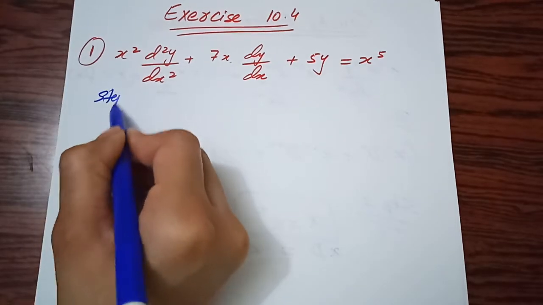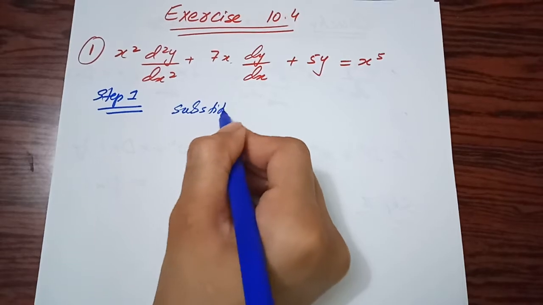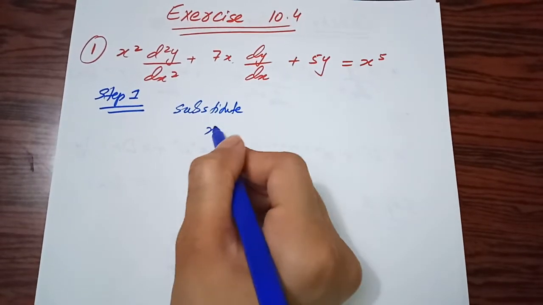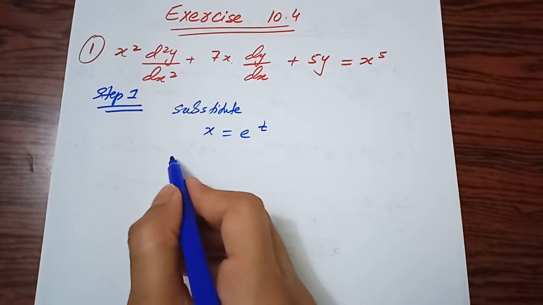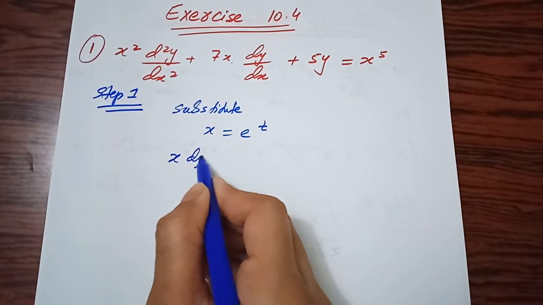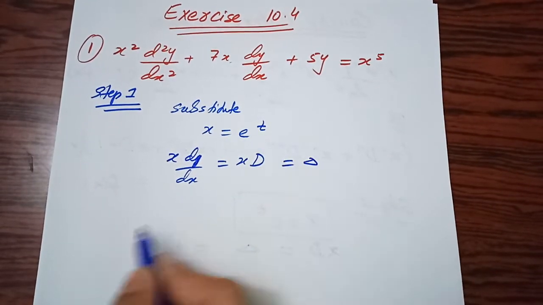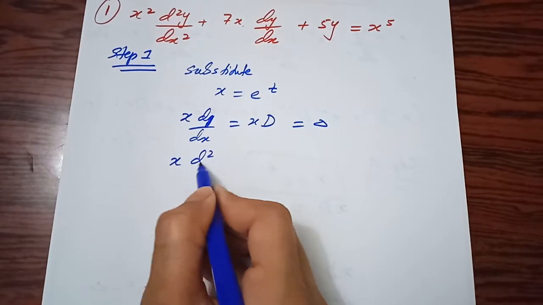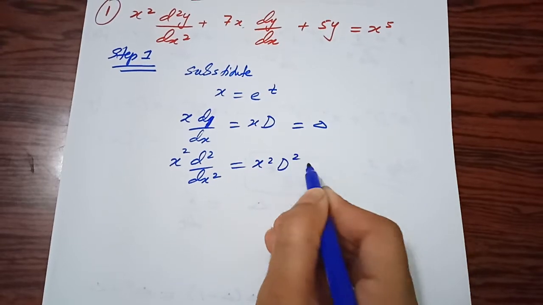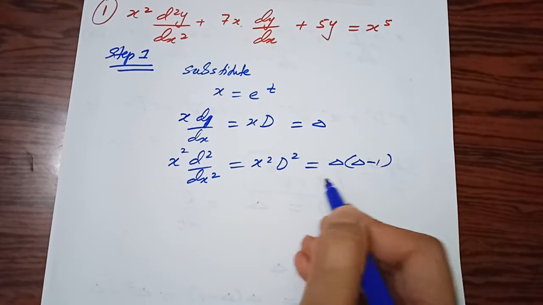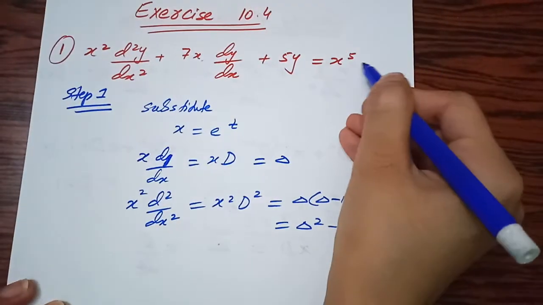Step 1: you have to substitute x equals e raised to the power t, and you have to substitute x d/dx, that is your xD, as delta. You have to substitute x^2 d^2/dx^2, that is your x^2 D^2, as delta (delta minus 1), and you know that this is delta squared minus delta. So this is your equation number 1.